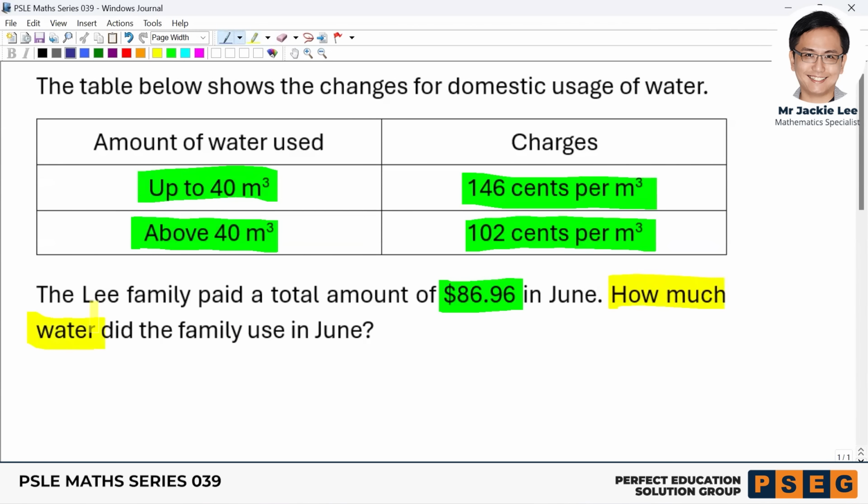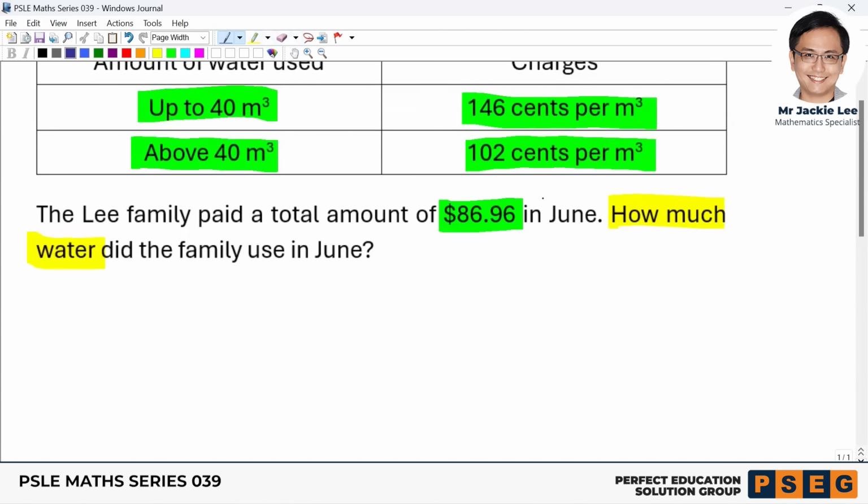Okay, so now first of all, these cents, I think we change to dollars first. So for the first 40 meter cube, it should be $1.46 times 40. Then this will give us 58.40, right? 58.40.